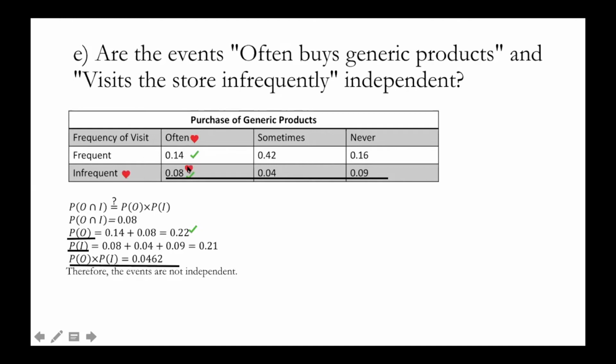So it will be 0.08. So the intersection between purchasing generic products often and being an infrequent customer is equal to 0.08. And since 0.08 and 0.22 are not the same, therefore the events are not independent.